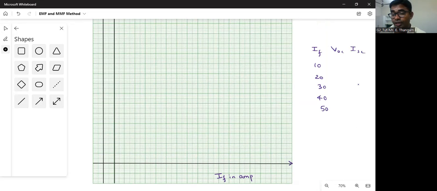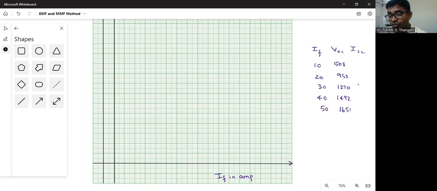For 10 amps, your VOC value that we have calculated is 508. For 20 amps, it is 953 volts. For 30 amps, 1270 volts. For 40 amps, 1492 volts. For 50 amps, 1651 volts.